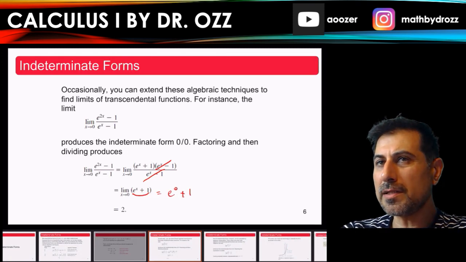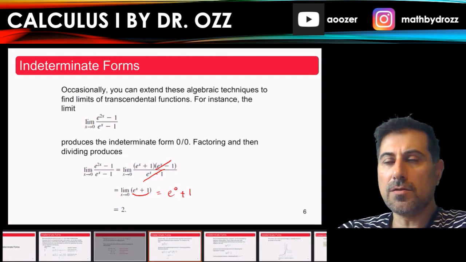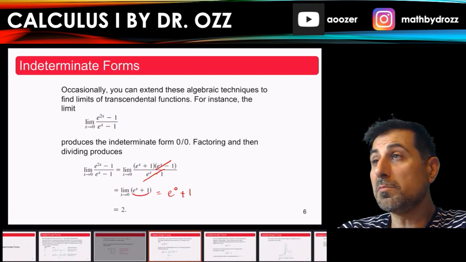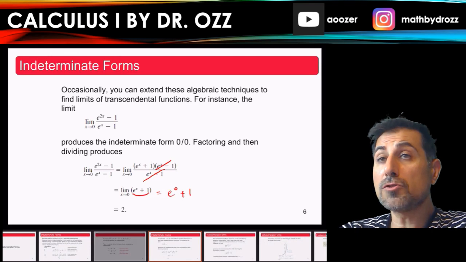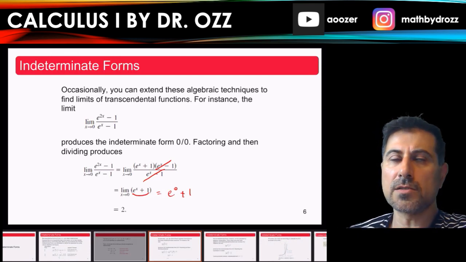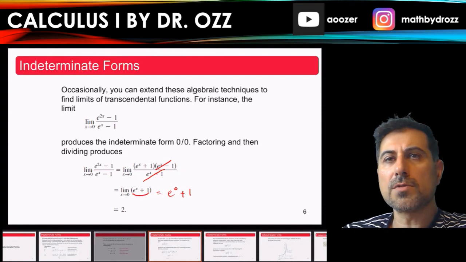So the algebraic techniques that you use for polynomials and rational expressions could also be applicable for transcendental functions and even trigonometric functions. So you just have to check the given expression in terms of whether you may factor or not.